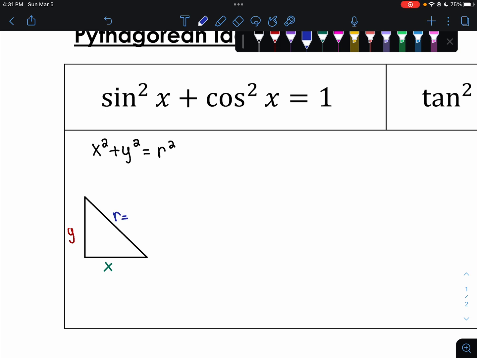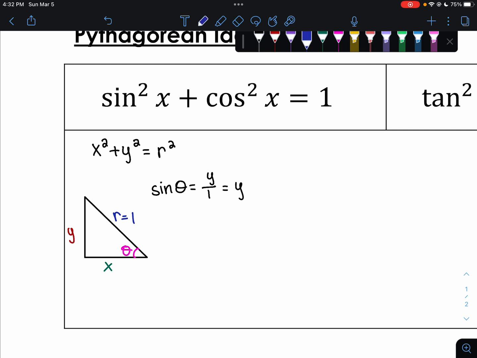If we let our radius equal 1, and this right here be our angle, then we could say that sine of our angle, let's name our angle theta, sine of our angle theta is equal to opposite over the hypotenuse. My opposite is y, my hypotenuse is 1, which means sine theta equals y.